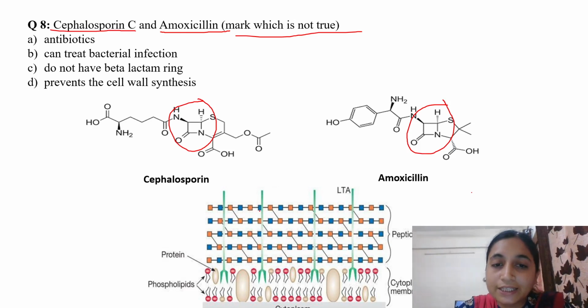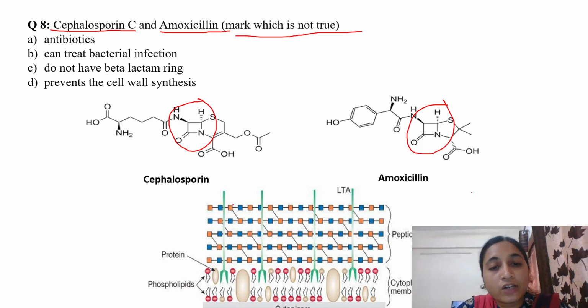So this N-acetyl glucosamine is connected with another N-acetyl glucosamine by a transpeptide bond. What will happen? This antibiotic will come and attach to the active site of this transpeptidase and inhibit its activity. Once it inhibits this activity, the connection between them will break or won't form. So cell wall synthesis will stop.